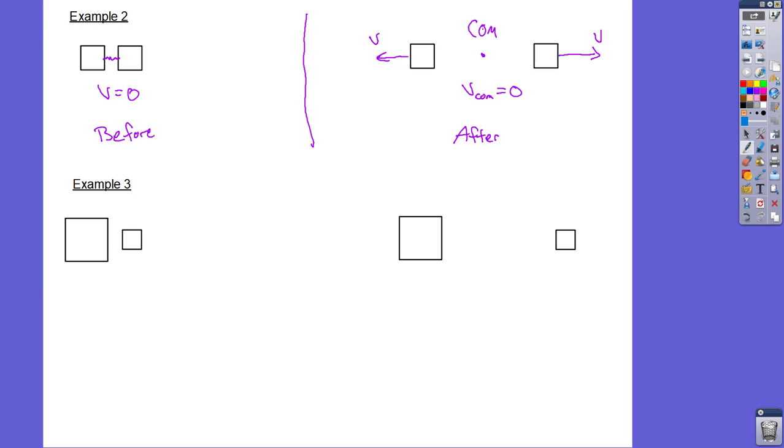Our third case is a similar setup, except now one of the blocks has much more mass than the other. So let's say that these things are moving along, and let's say these two have a velocity v.